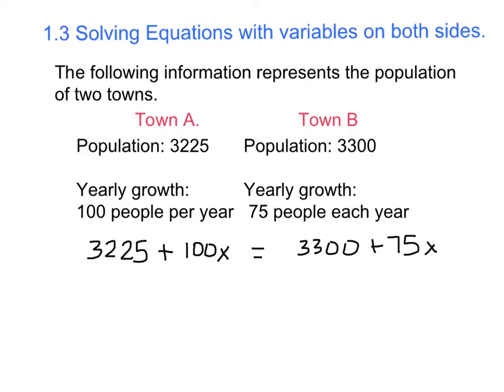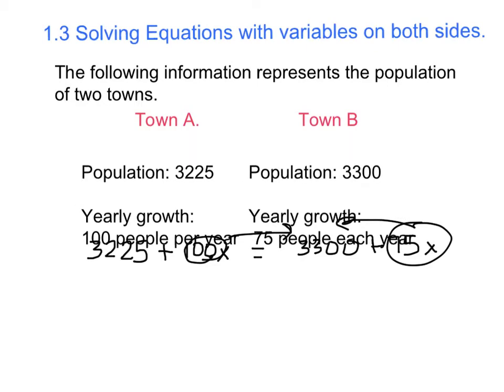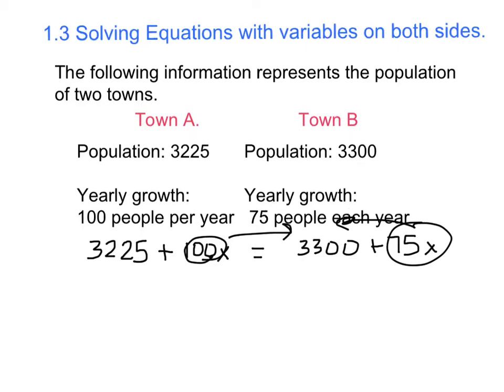Now, if you remember how to do variables on both sides, we have to move the variable onto one side. I don't care if you want to move the 100 over that way, or move the 75 over that way. It's completely up to you. But I'm going to move the 75. I always like moving the smaller value because to me it's easier.